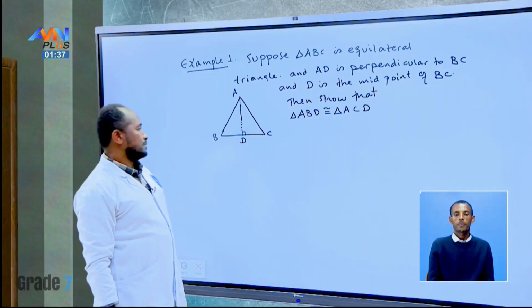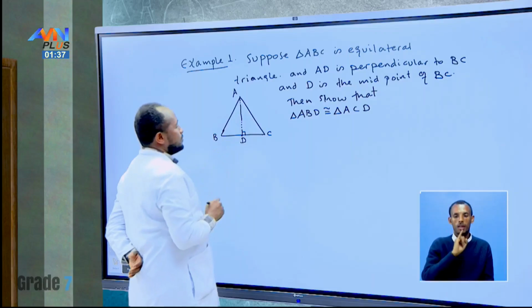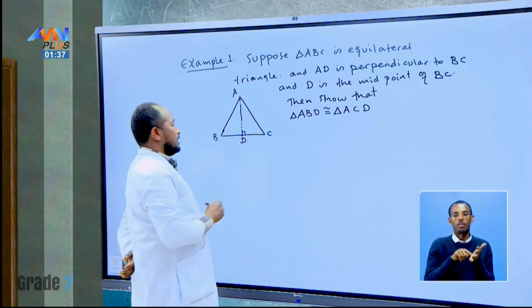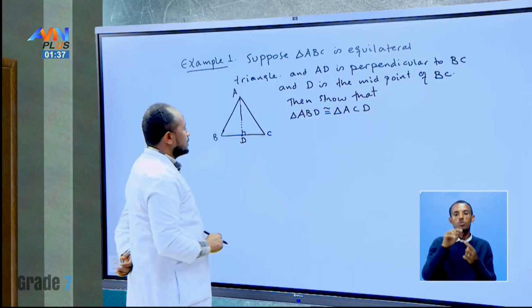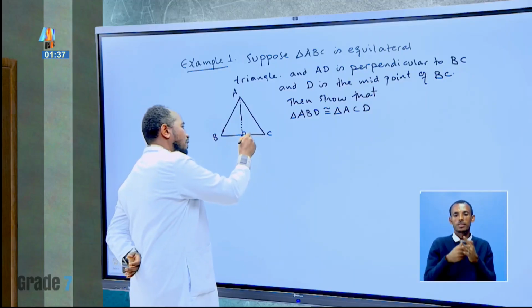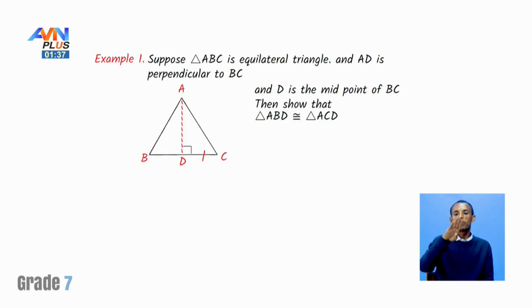Here it says this D is the midpoint and AD is perpendicular to BC. So since D is the midpoint, the lengths DC and BD are equal.